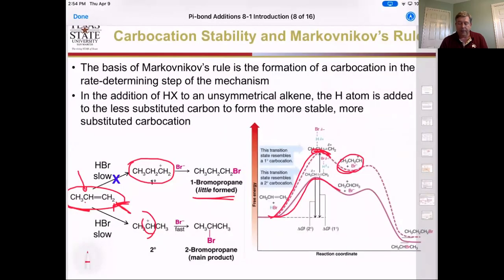In the first energy diagram here, to form that primary carbocation, it takes a lot higher activation energy, and that product is a lot higher in energy. In the case of forming the secondary, it's a lower activation energy and a more stable intermediate before we go to our final products here. So Markovnikov's rule states that the hydrogen is going to go on the least substituted carbon, and the reason is that the intermediate forms the more stable carbocation.